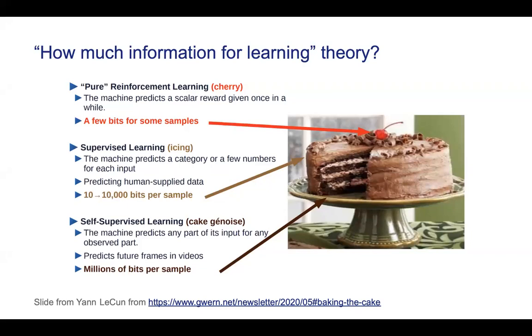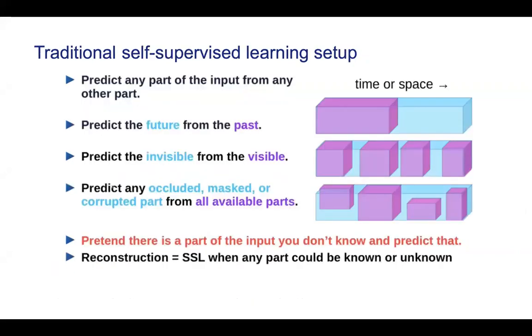You have just a few bits. Supervised learning he compares to the icing of the cake. It's a little bit more, but also not a lot. And self-supervised learning can be compared to the biscuit and the cream inside, which is the big part, but a little bit trickier to access in an easy way. But this is what we will focus on today.